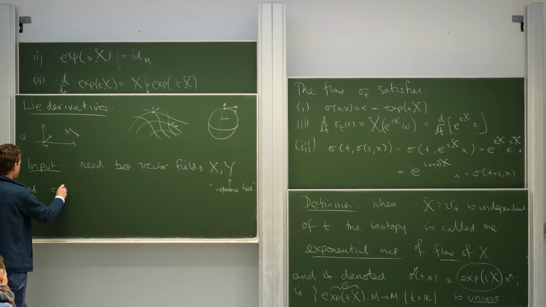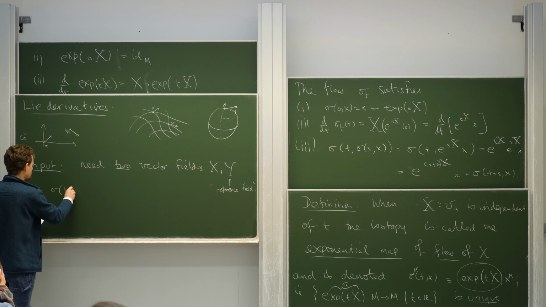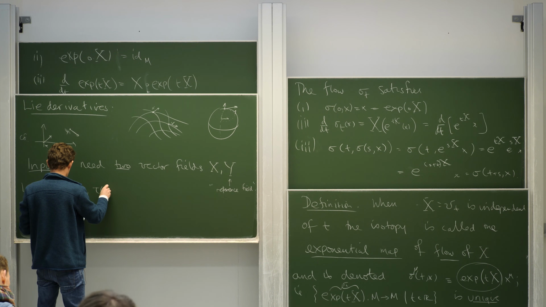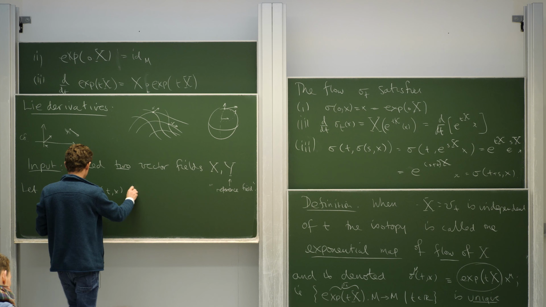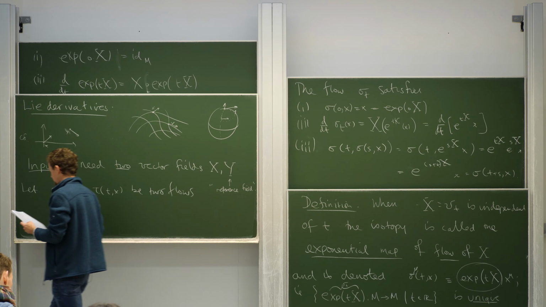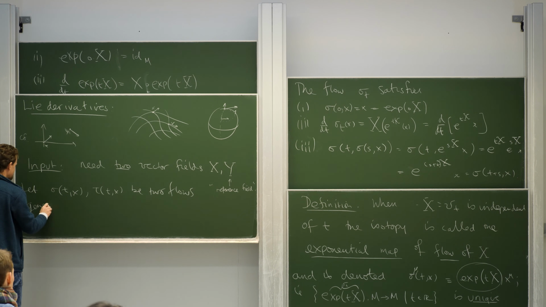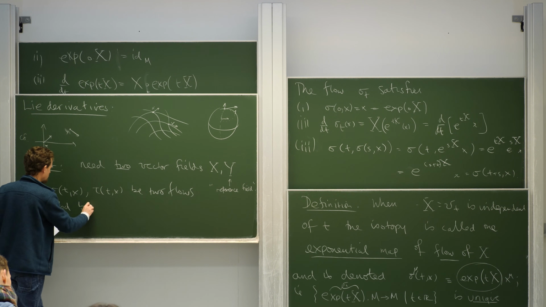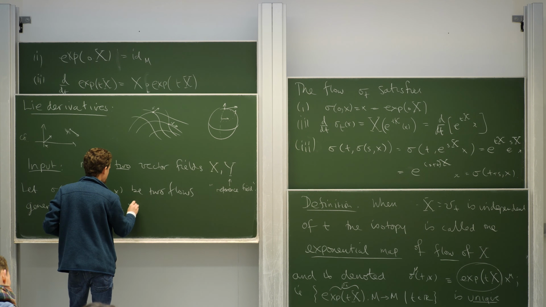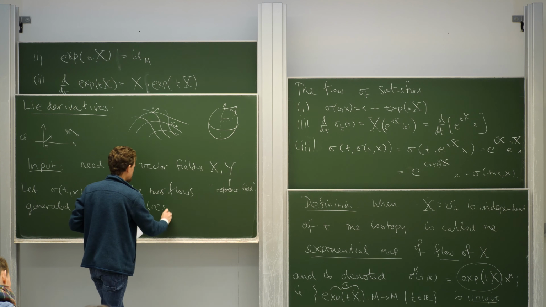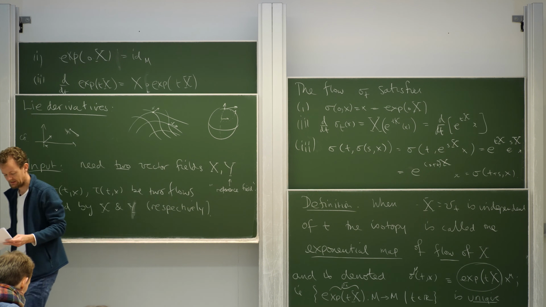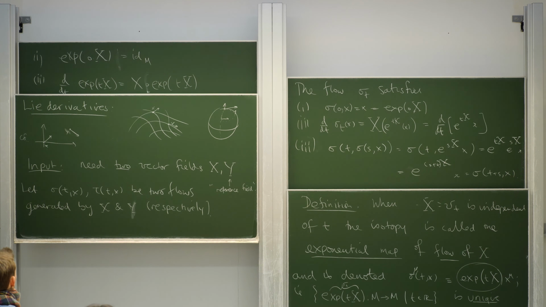So let sigma_t^x and tau_t^x be two flows generated by x and y, respectively. So they both satisfy this equation star.